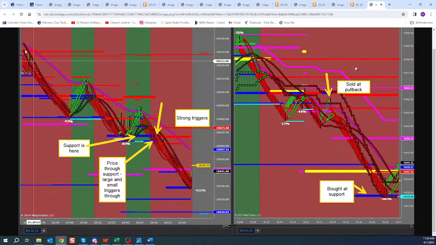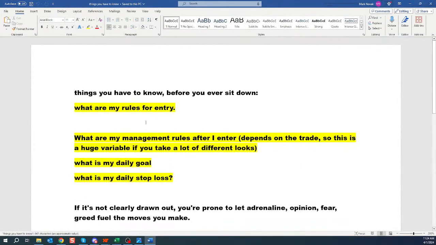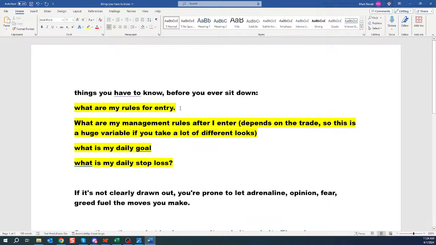And that's one of the biggest things. And I love the idea on this one. I really do. I'm going to go back to that one that I posted earlier. As long as you know what your rules for entry are, it means that you understand what kind of trade you're taking, right?